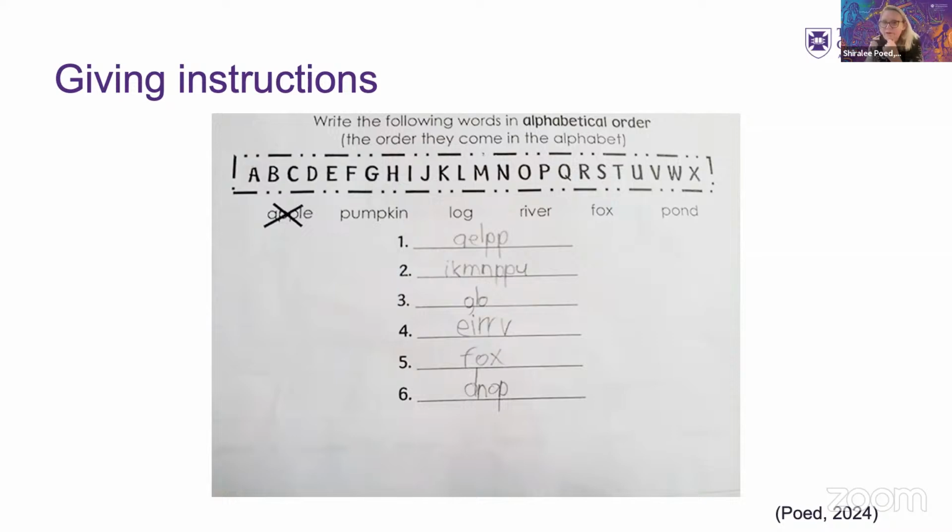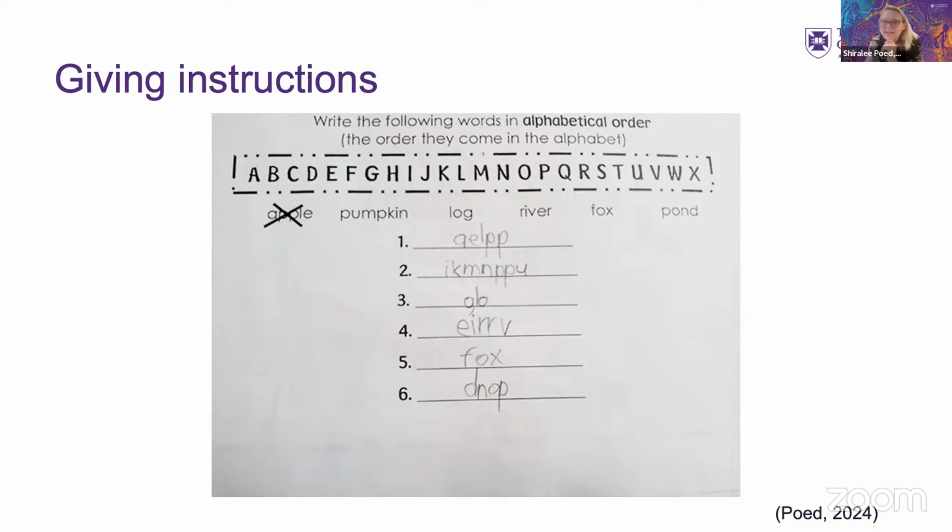Technically, if you look at the instruction, write the following words in alphabetical order, they have done exactly what the teacher said. But what the teacher meant to say is write the following list of words in alphabetical order.